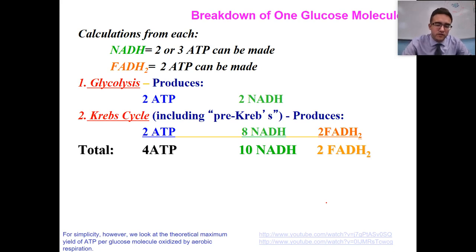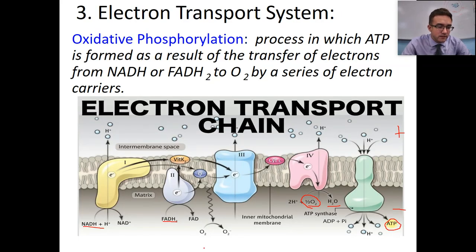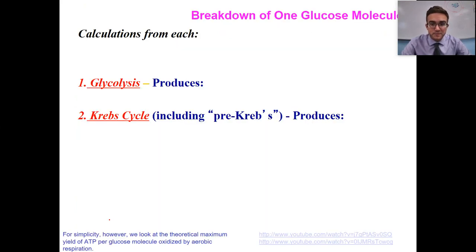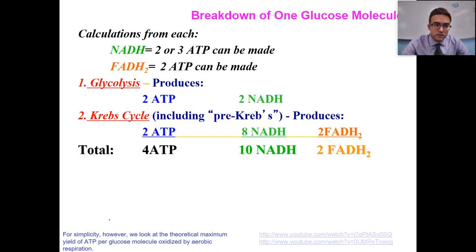NAD's like the better one. FAD's is slightly worse, and that's because FAD enters the electron transport chain later. Because it enters the electron transport chain later than NAD does, it makes it slightly worse at making ATP. So that gives us 4 ATP, 10 NAD, 2 FADs, right?